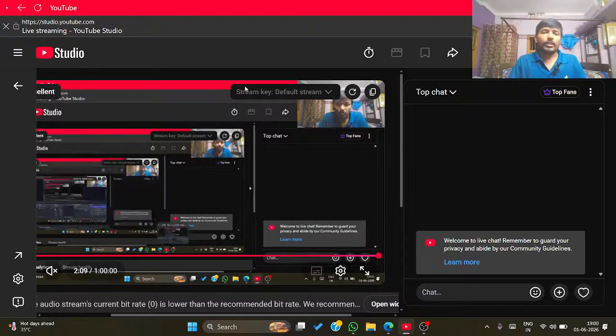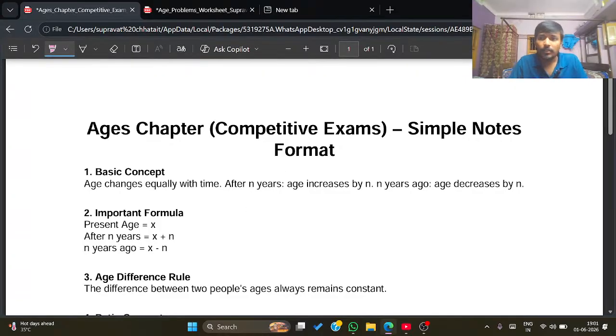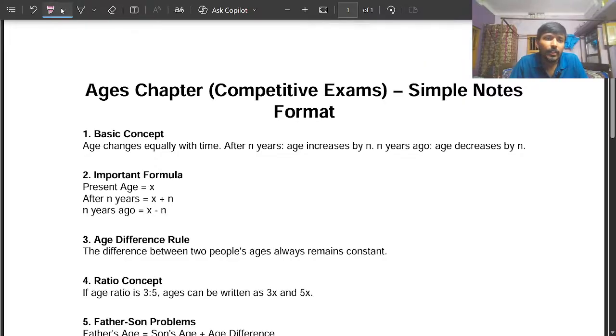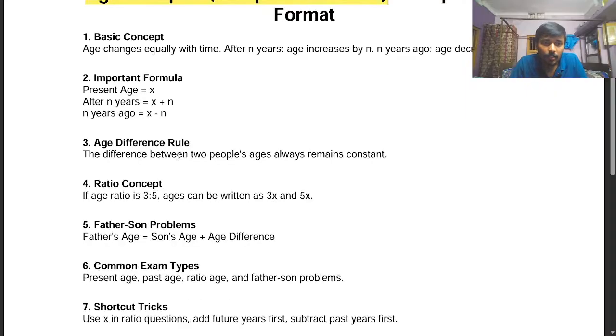Students, as I said, this is a very important chapter. Ages chapter, for competitive exams. So, basic concept.